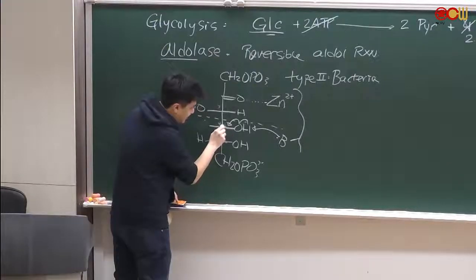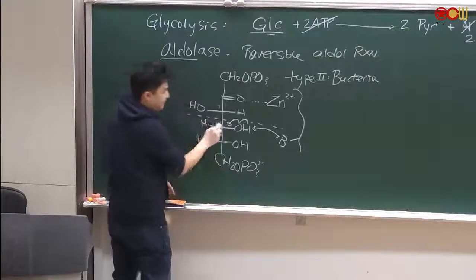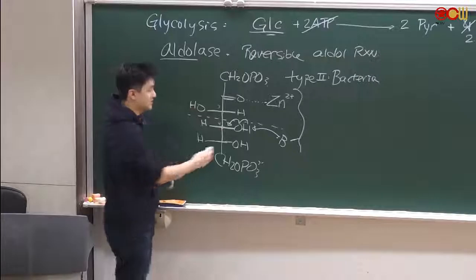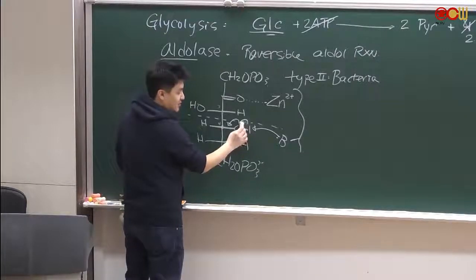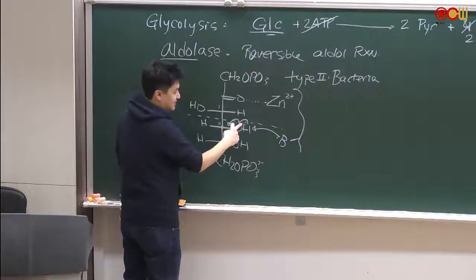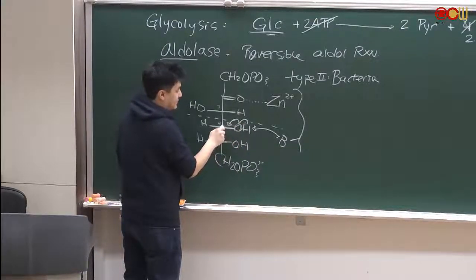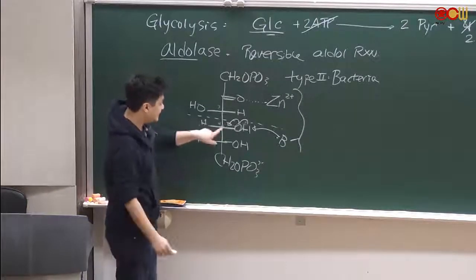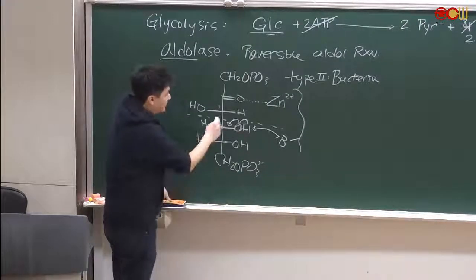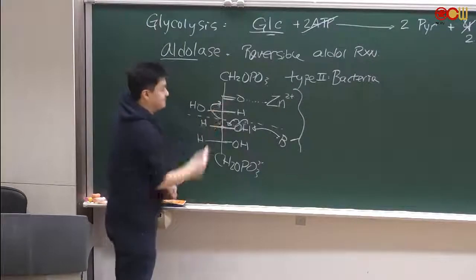Now this particular carbon, carbon number 4, would have too many bonds, right? Because the base pulls the proton away, and the electron is going to jump to form a pi bond between the oxygen and the C4 right here. And the C4 now has too many bonds, so one of the bonds is going to go up, like that.